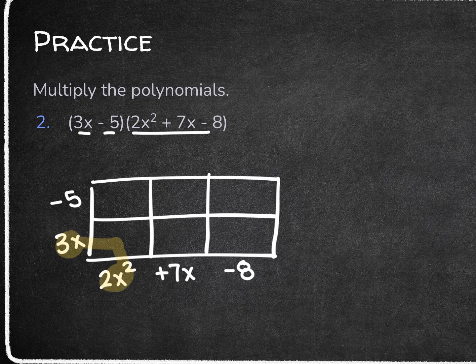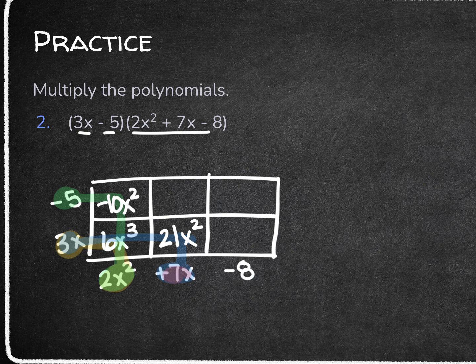So 3x times 2x squared is going to give me 6x to the third. I'm going to have 2x squared times negative 5, negative 10x squared. Now I'm going to have 7x times 3x. So I'm going to get 21x squared, since x times x is going to give me x squared.